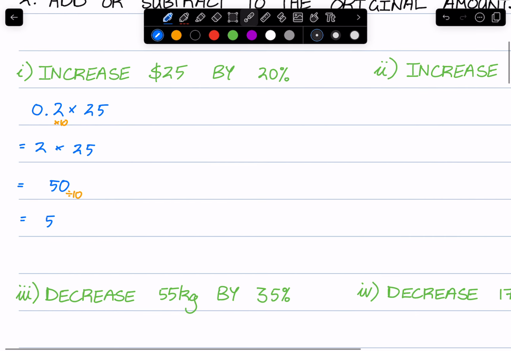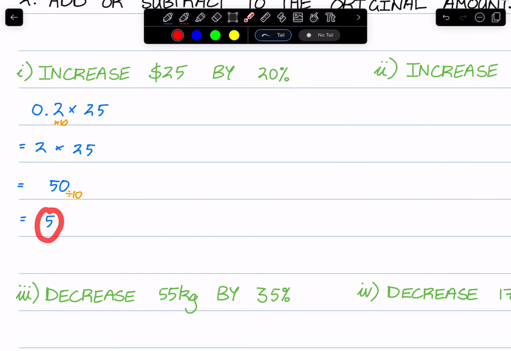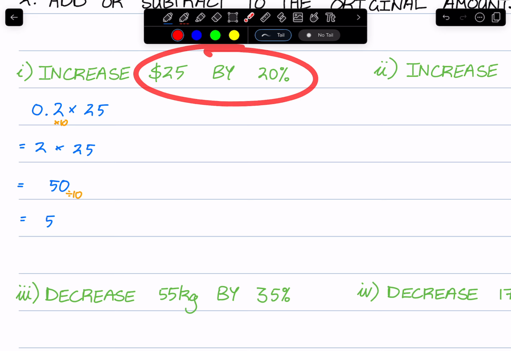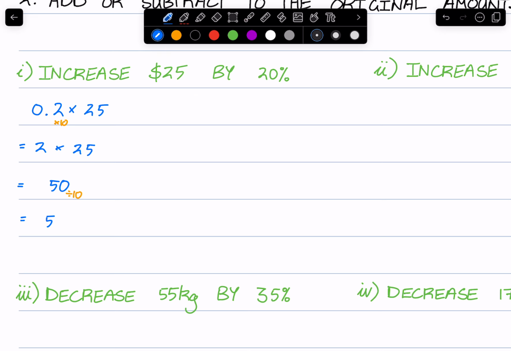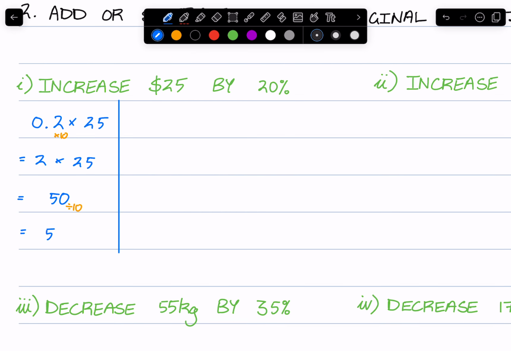But now that we have $5, which is 20% of $25, the increase component of this is really just taking the $25 and adding in the amount that we've just calculated.